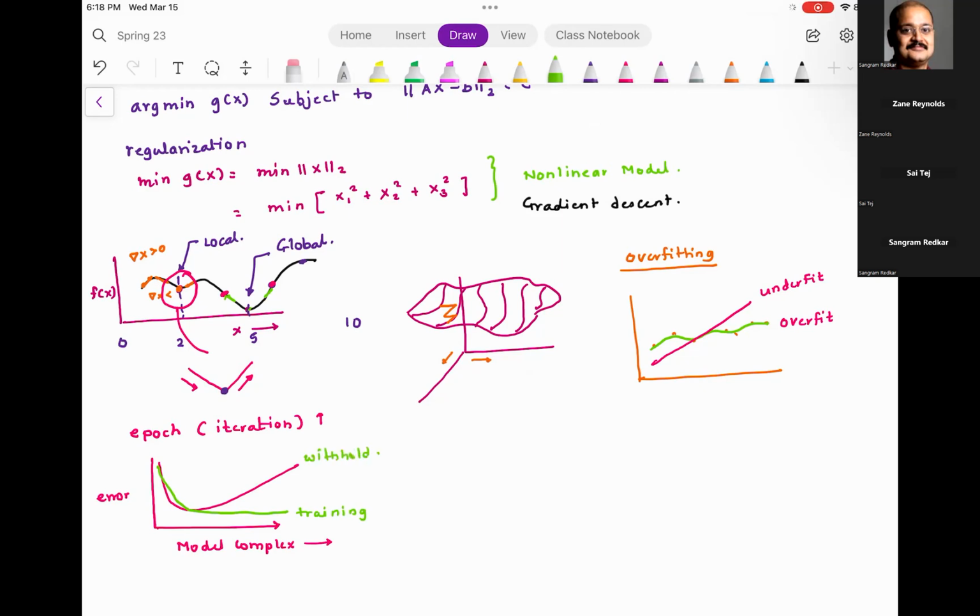For example, if you have a function that is dependent on x and y, so z is equal to a function of x and y, and now z is expressed as some numbers. So basically you have the values of z, you have values of x, and you have values of y.